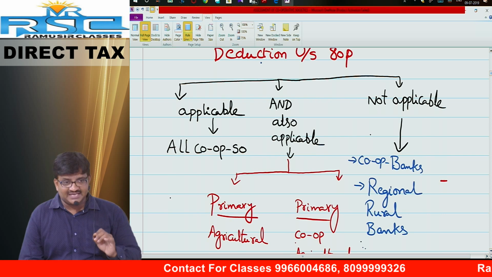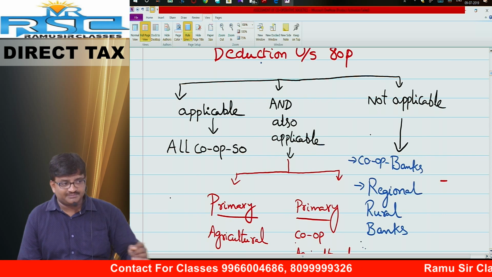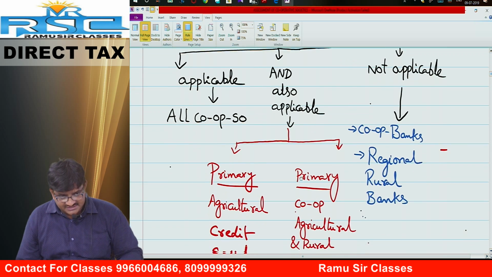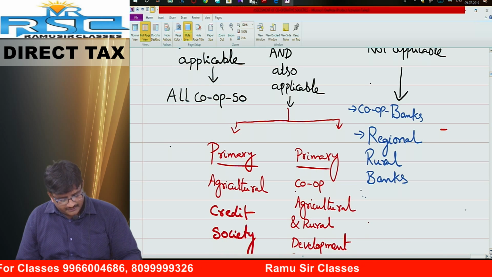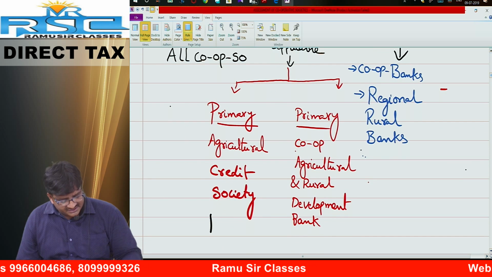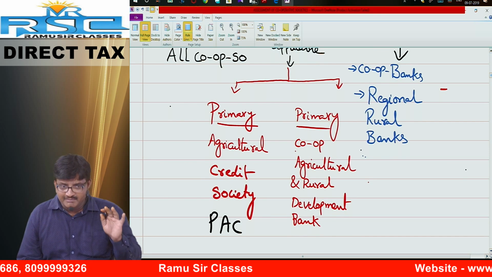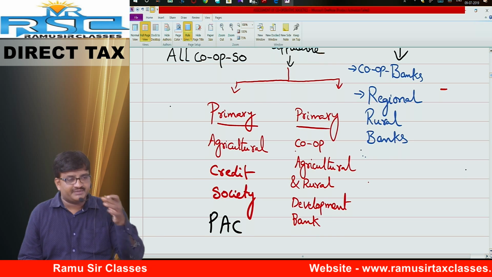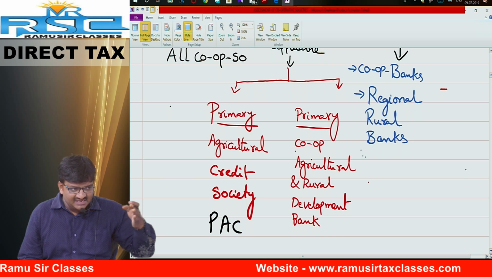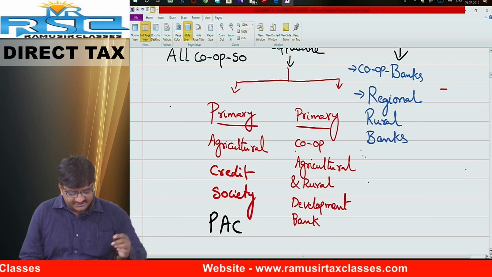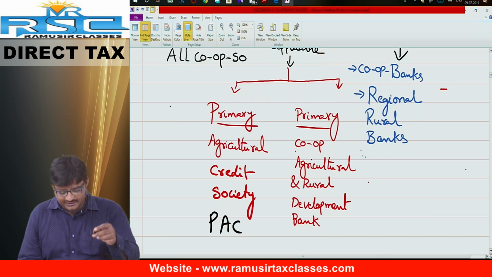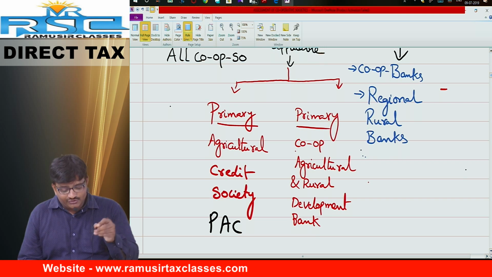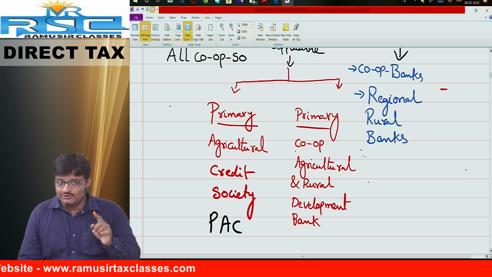Friends, at the same time, deduction under 80P is applicable to all cooperative societies and also applicable for primary agricultural credit societies. Their main motto and main business is providing credit facilities to the members. Next, it is also applicable to a primary cooperative agricultural and rural development bank.